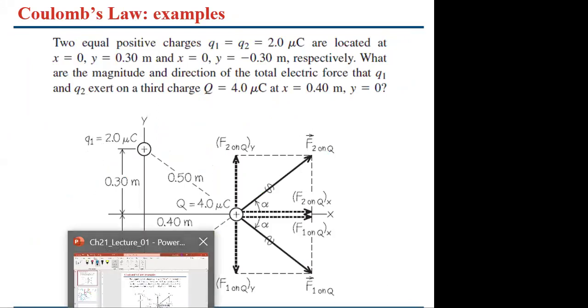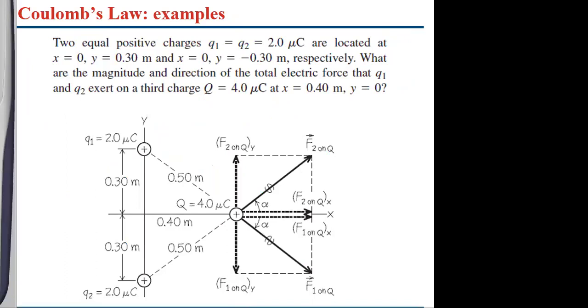Capital Q is 4 microcoulomb. Of course, we take the absolute value and we take the positive. Micro means 10^-6, times 4 microcoulomb times 10^-6, divided by the distance from Q1 to capital Q, which is equal to 0.5 meter, and this is squared.